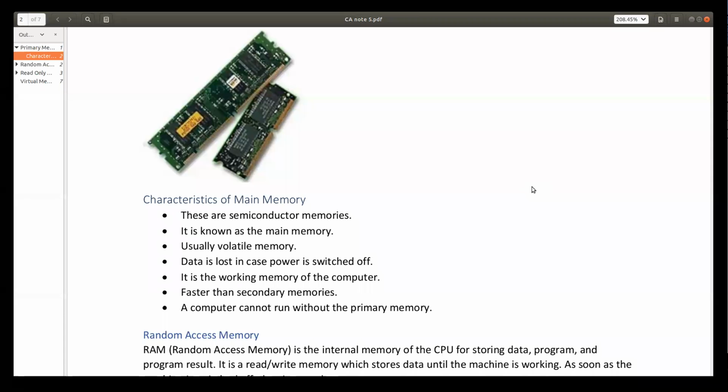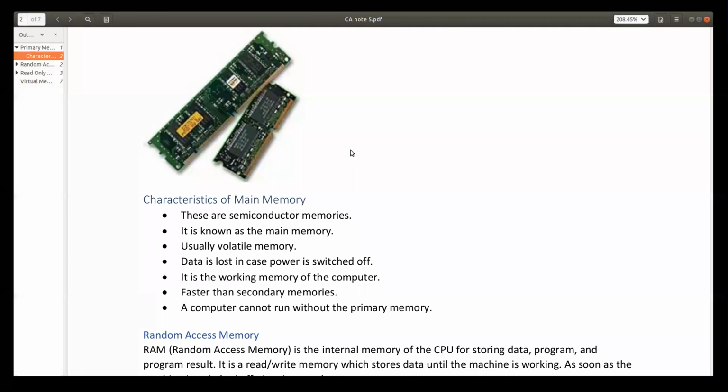Now, if you try to explore the characteristics of main memory, or characteristics of RAM probably, then you will find that, as I told you, this particular basic element is made of semiconductor.